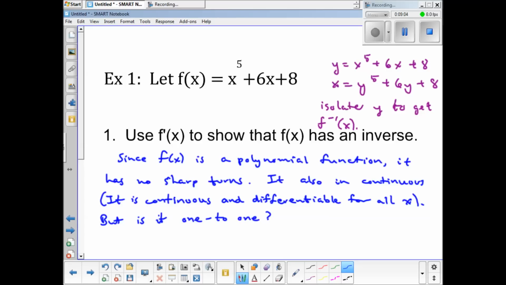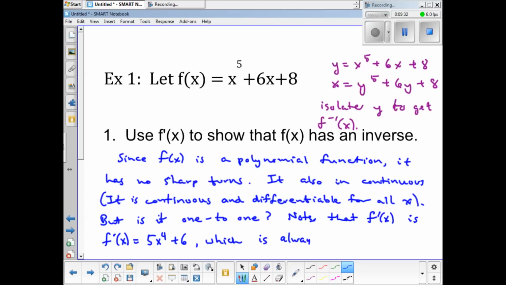Alright, so note that f prime of x is 5x to the fourth plus 6, which is always positive.